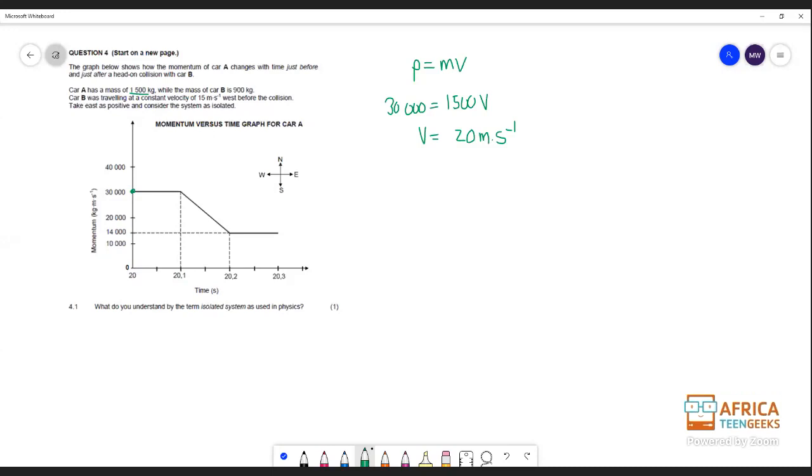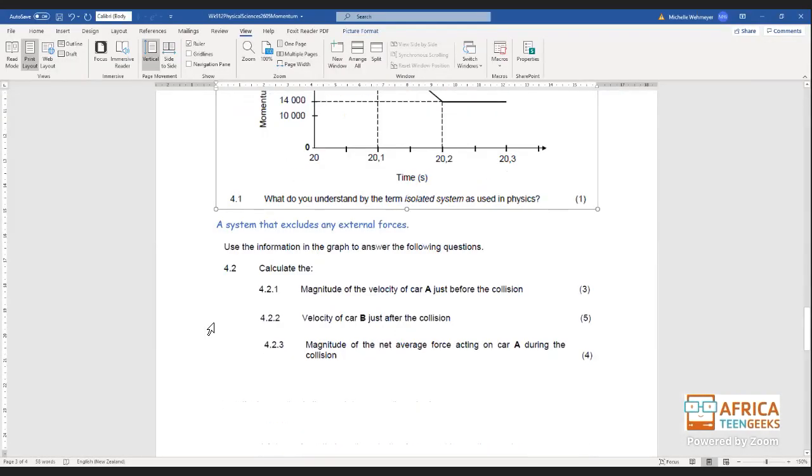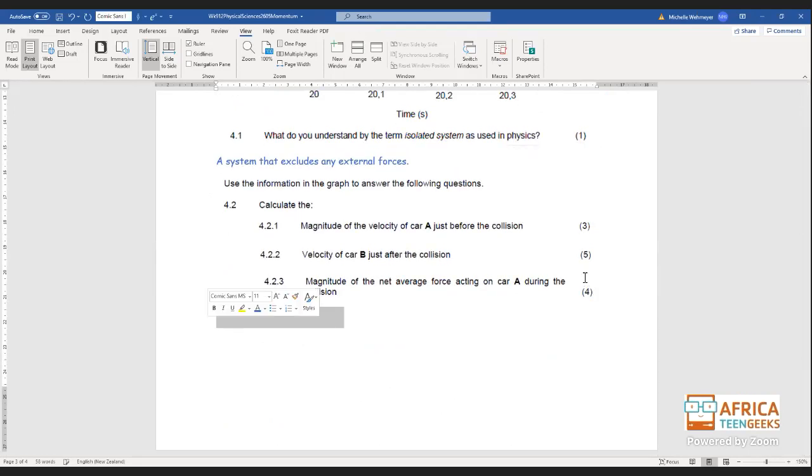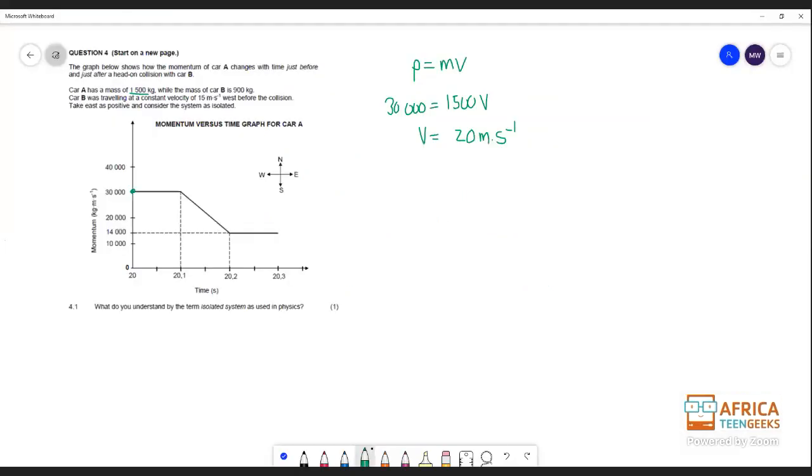Okay, then they tell us, 4.2.2, to find the velocity of car B just after the collision. So we are going to use the formula momentum before is equal to momentum after.